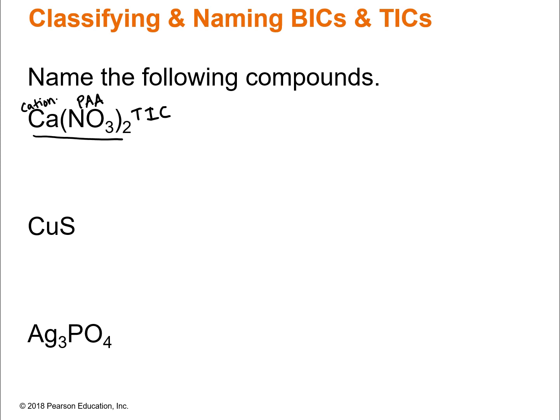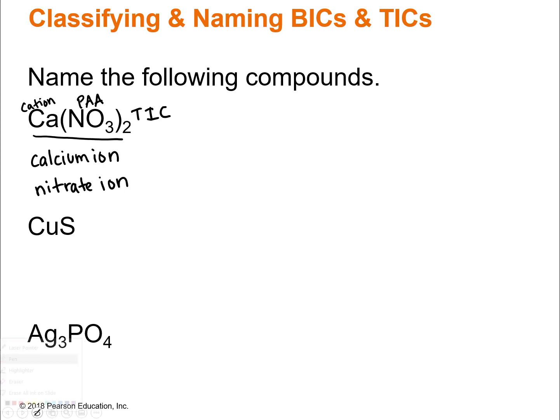Find calcium on the periodic table. Is it a transition metal or no? Yeah, it's not a transition metal. So if we were going to name that, it would just be the calcium ion. NO3, if you look that up, it's called the nitrate ion.